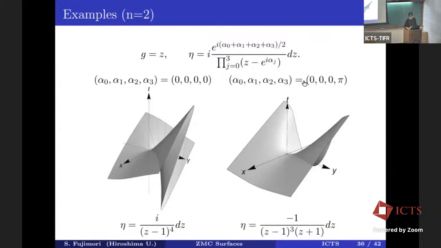Also 0, 0, 1 pi, we have this surface. It's still embedded, but in this case, it is clearly not a graph. Okay. So these are about the Kobayashi surface.